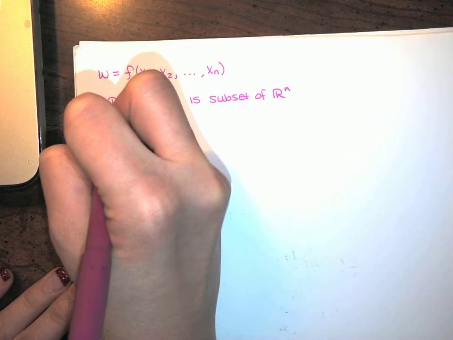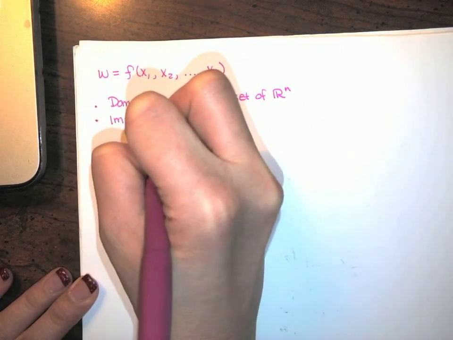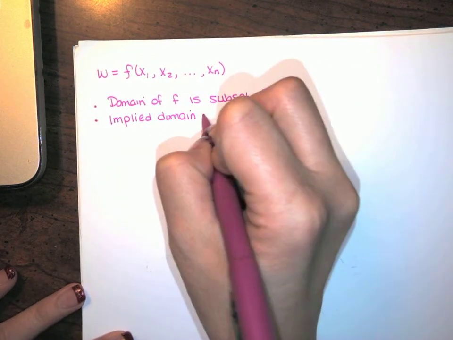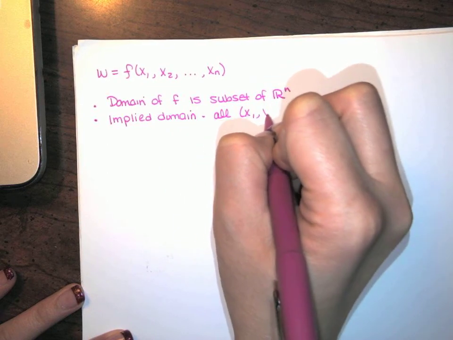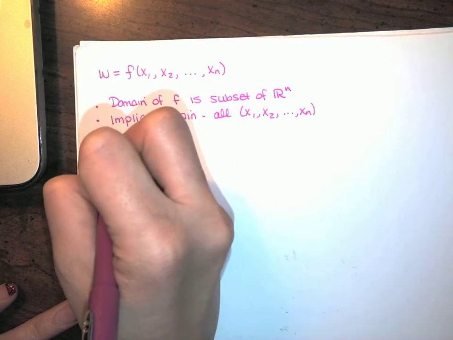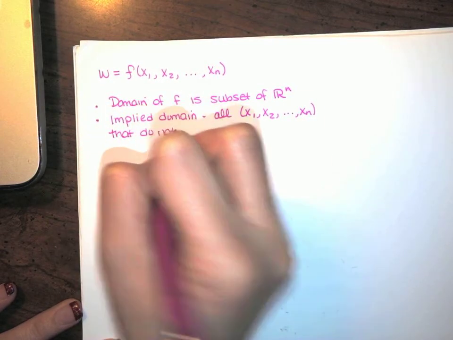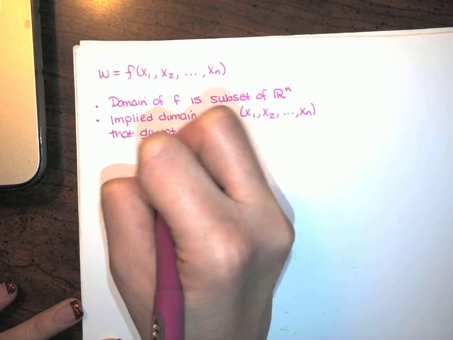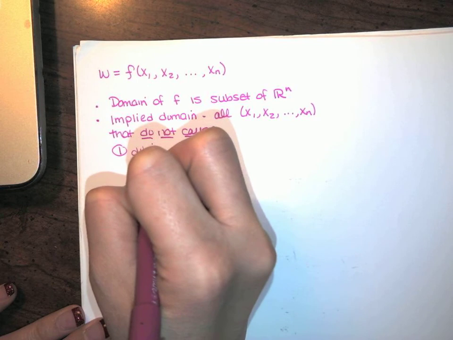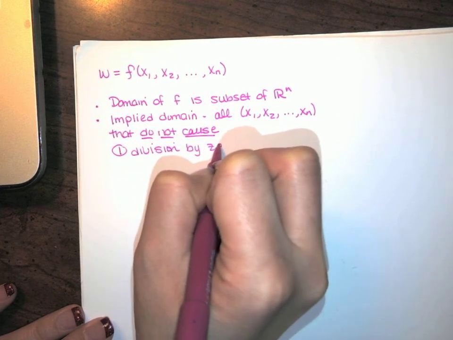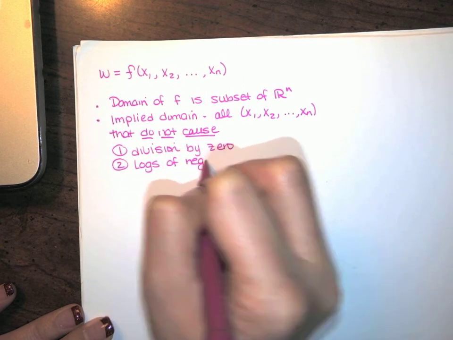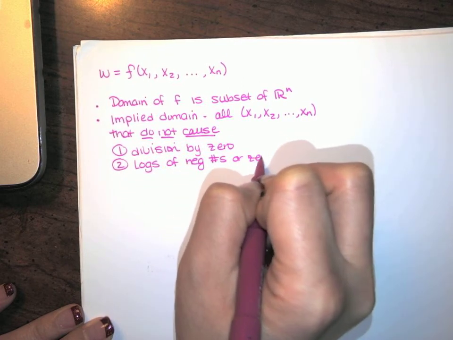And the implied domain is going to be the set of all n-tuples, so all x sub 1 through x sub n, that do not cause the three problems that we've talked about in the past. We don't want to divide by 0. And we don't want to take logs of negative numbers or 0. Not in this class.